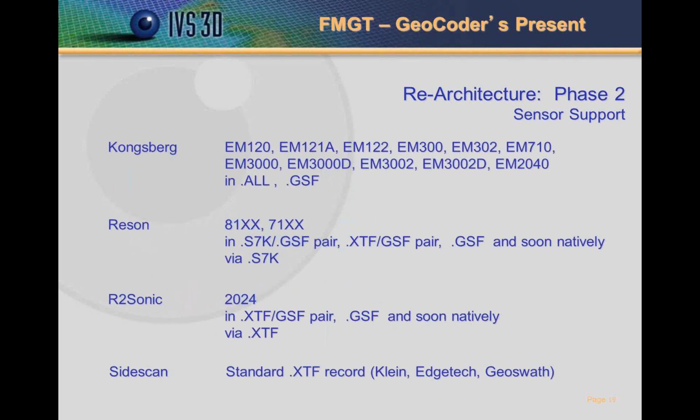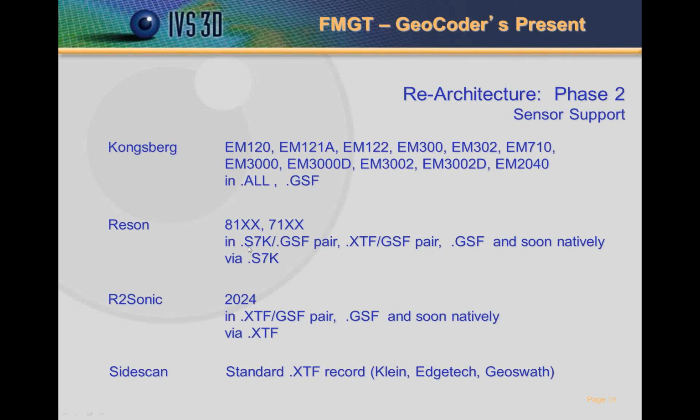Now here's a brief list of the current sonars we support. It's much more robust than our initial implementation. Pretty much everything that Kongsberg puts out there. There are a few left over that we're still dealing with, but these can be in either the .all or, for some folks, GSF format. For the Reson, the 81XX and 71XX, there's a number of ways we can get this data in.